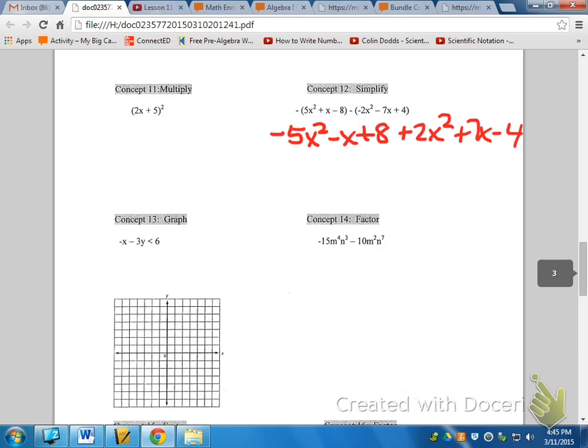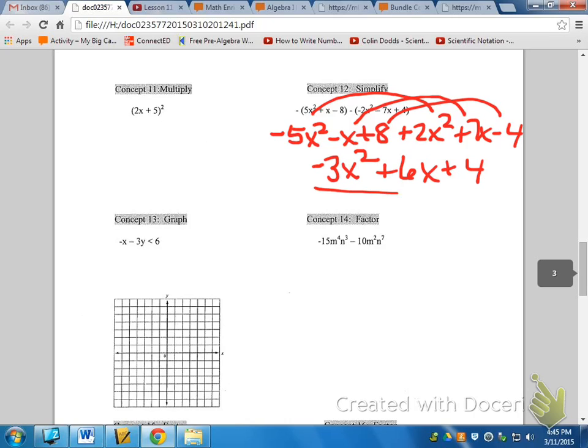I'm going to combine my like terms. Negative 5x squared and positive 2x squared would be negative 3x squared. The x terms, negative x and positive 7x, would be plus 6x. And 8 minus 4 would be plus 4. So negative 3x squared plus 6x plus 4.